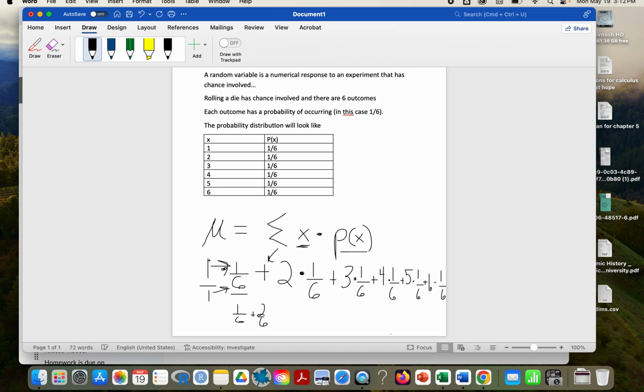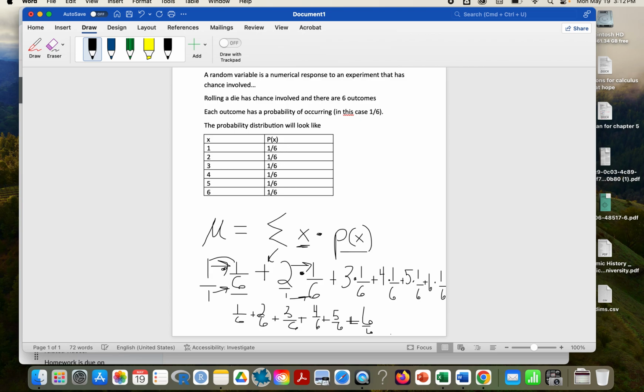So the top 1 times 1 gets us a 1, the 1 times the 6 gets us a 6. It's going to be 2 times 1, and then 1 times 6. So this is going to be plus 3 over 6, plus 4 over 6, plus 5 over 6, and then finally plus 6 over 6.